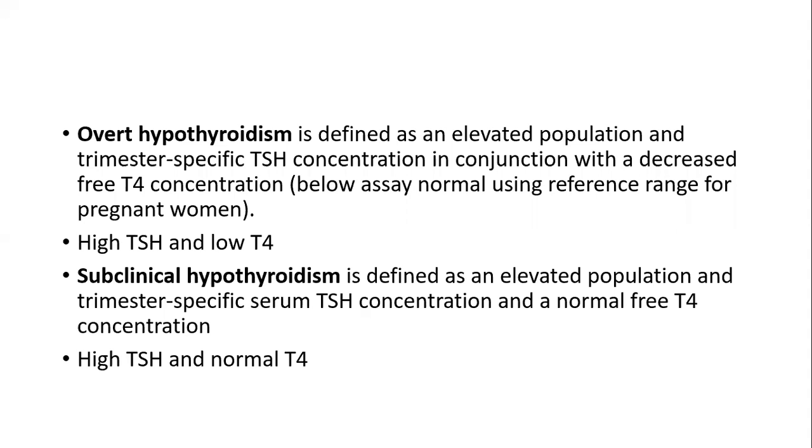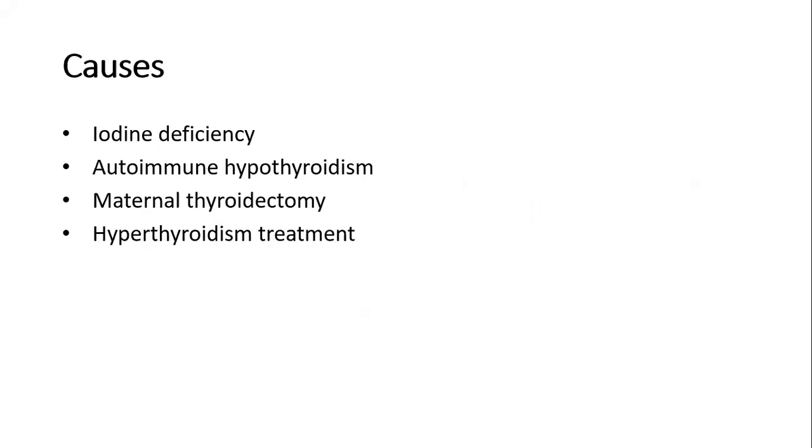For the subclinical one, we have high TSH and normal T4. For the causes of hypothyroidism, we have iodine deficiency, autoimmune hypothyroidism, maternal thyroidectomy, and you can also have hypothyroidism treatment.